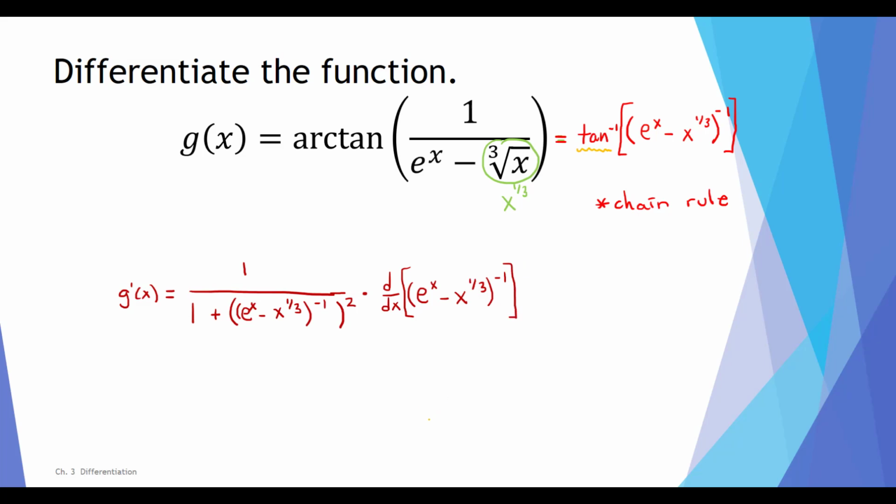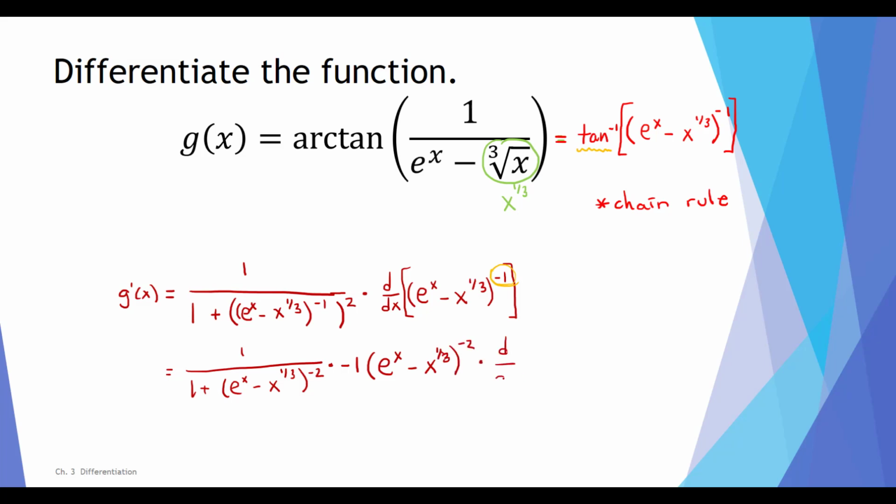Now, in the derivative that remains, the outermost function is a base raised to the negative 1 power. So I'm rewriting this fraction, 1 over 1 plus (e to the x minus x to the 1/3) to the negative 2 power. And I'm multiplying by the derivative of a base raised to the negative 1 power, which by the power rule is negative 1 times that base raised to the negative 2 power.